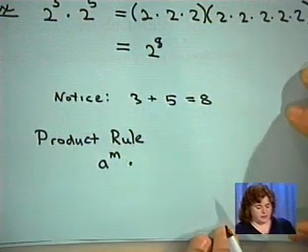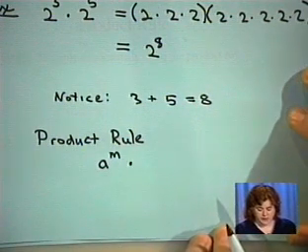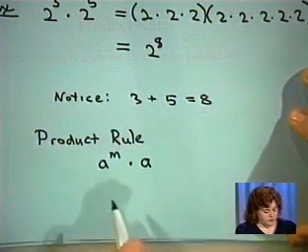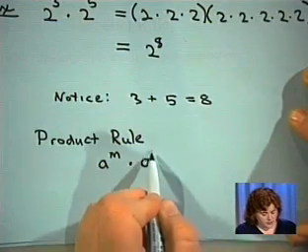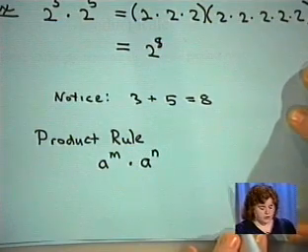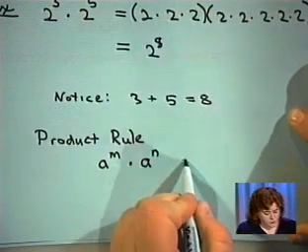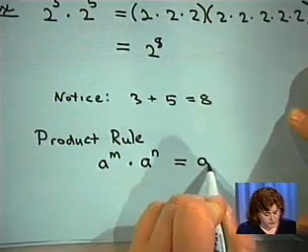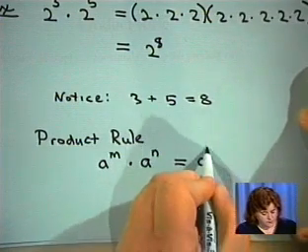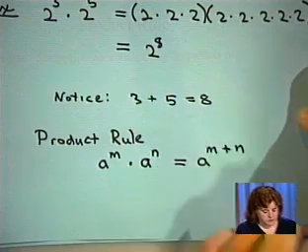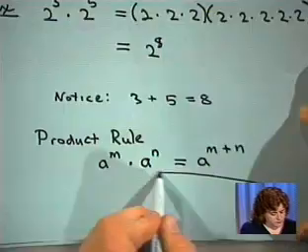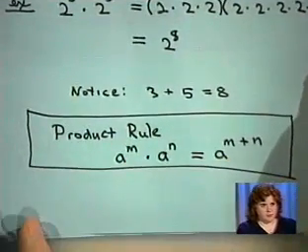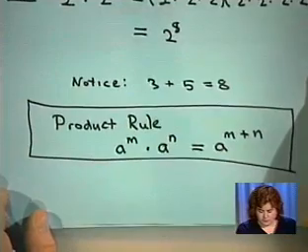If we have some base a and it's raised to the power m, and we multiply it by another number, and that number has the same base, a, but it's raised to a different power, as with our 2 to the 3rd and 2 to the 5th, we can find our answer simply by adding the exponents. So we would say we have a to the m plus n power. And that would be a very important rule to memorize.